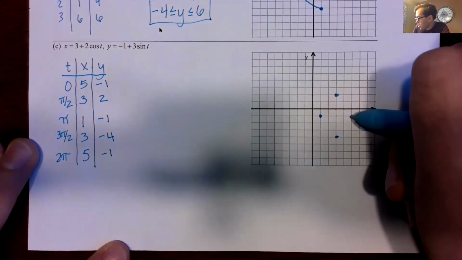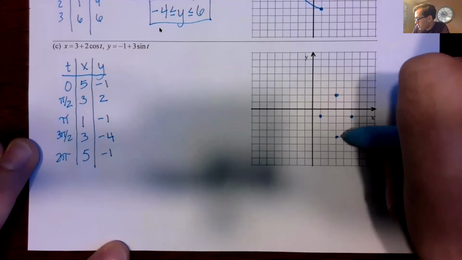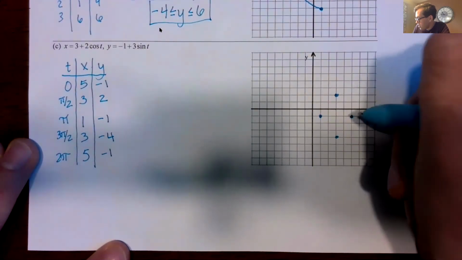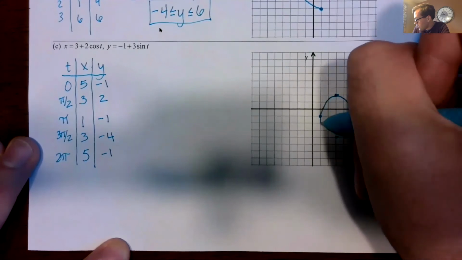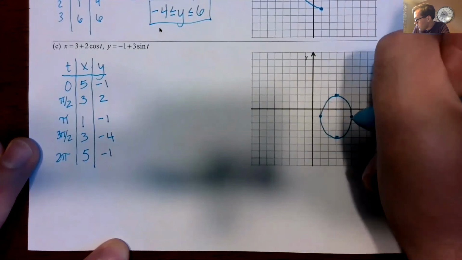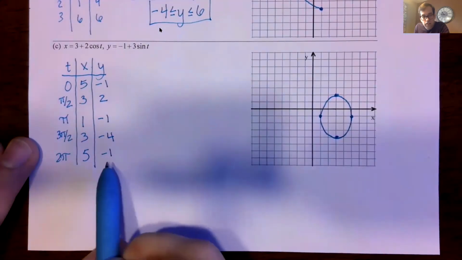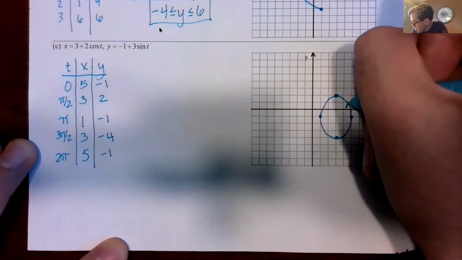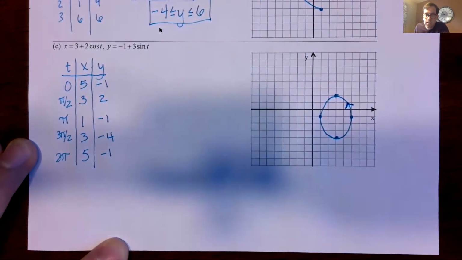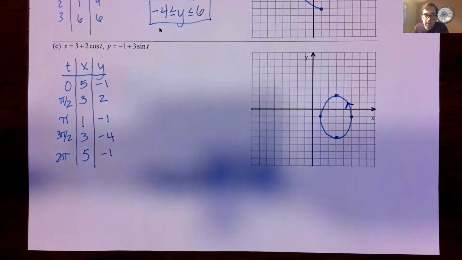So this is actually going to be making a circular pattern. In this case, it's more of an ellipse. So it looks like this. And it actually just restarts after 2 pi, as you might expect, just like the unit circle does. So we can put our arrow this direction, because that's the direction that we formed our dots.